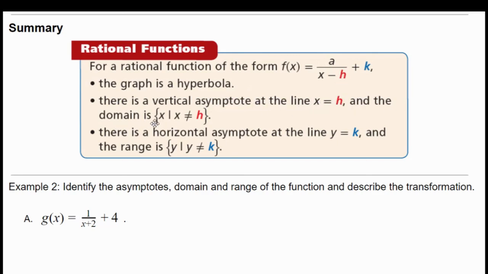And the domain is the set of all x such that x does not equal whatever that h value is. And lastly, there is a horizontal asymptote that goes through the y-axis at the line y equals k. So whatever that k value is will be the location of our horizontal asymptote. And the range is going to be the set of all y such that y does not equal k.